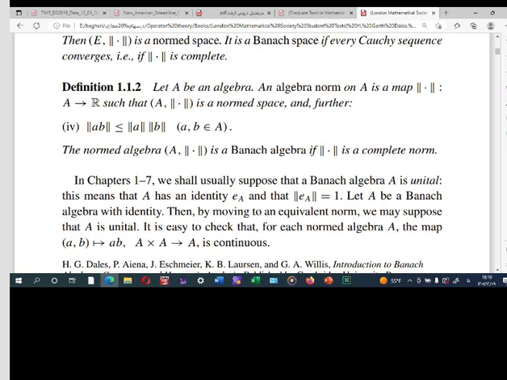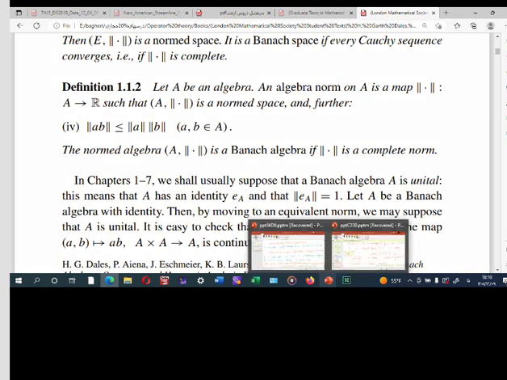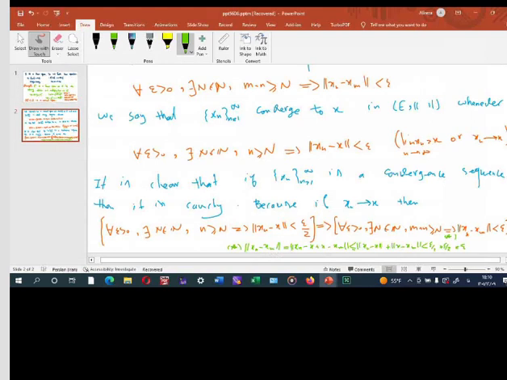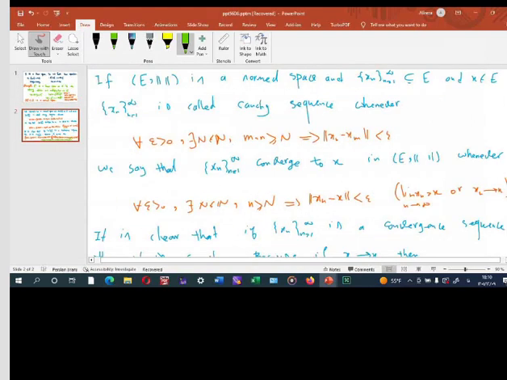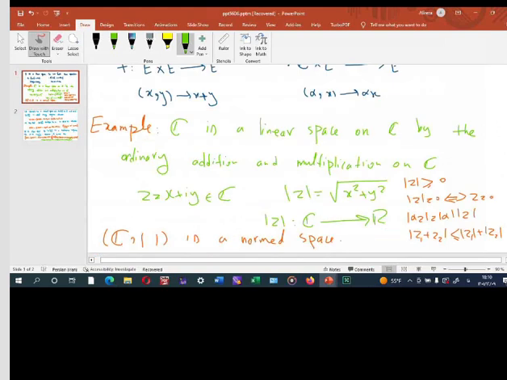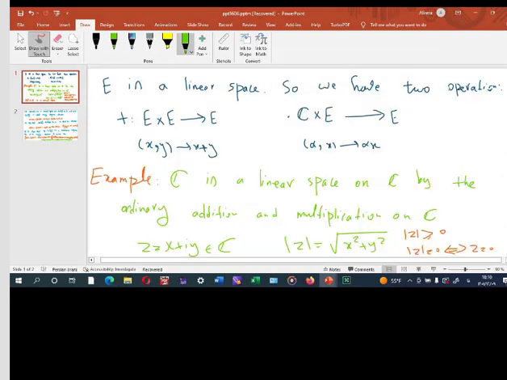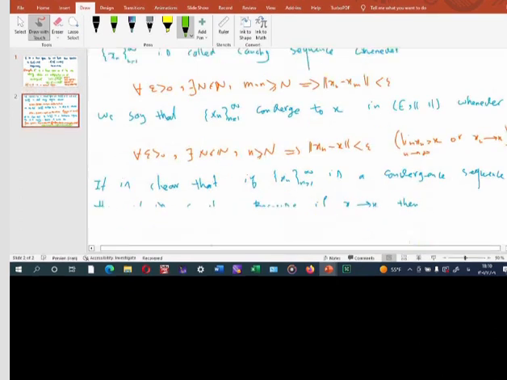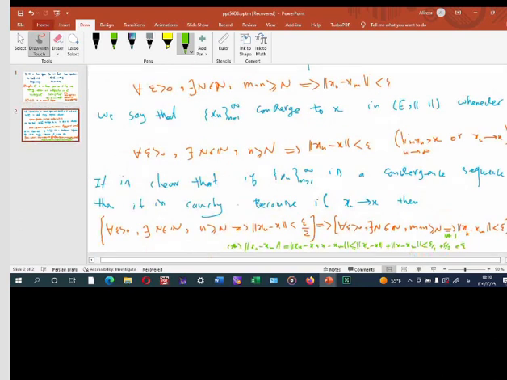In this definition A is an algebra, so that in addition to these two operations, plus and scalar multiplication, we must have another operation.